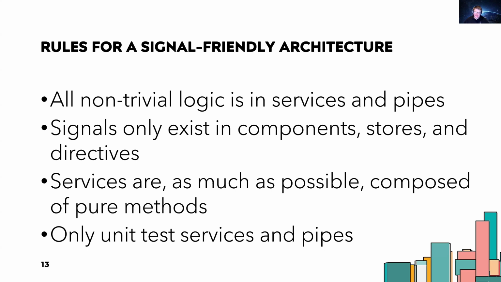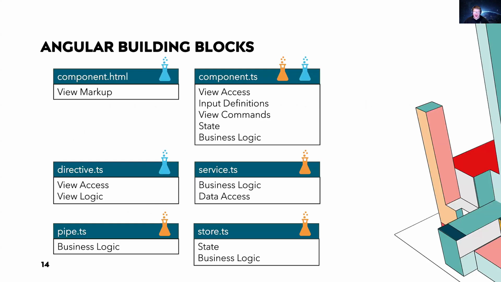Now, when we do this, going back to the building block diagram, it takes all the state and business logic out of the component, which means it no longer needs to be unit tested. It also takes the business logic out of the store, which means it doesn't need to be tested at all, at least not in a focused fashion. That may be a little strange at first, but when a store is in this state, the only thing that it's doing is calling framework and external service methods in order to fetch and update that state.